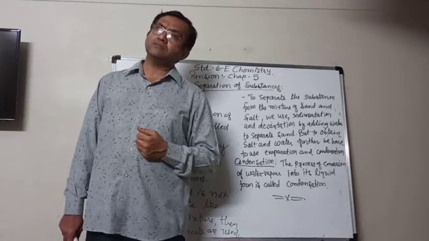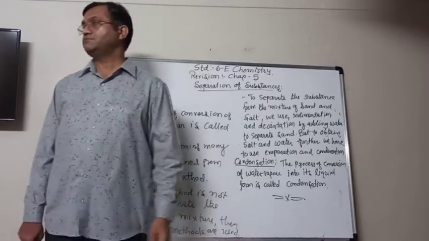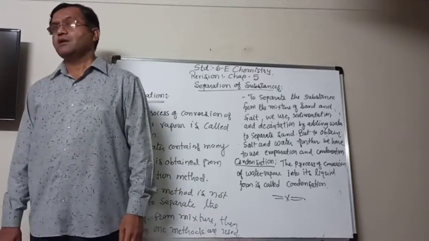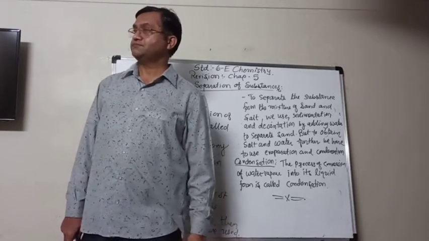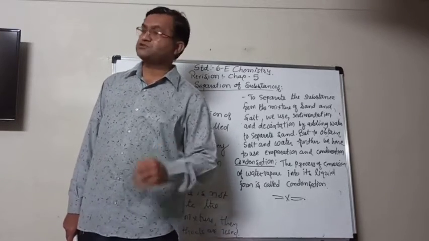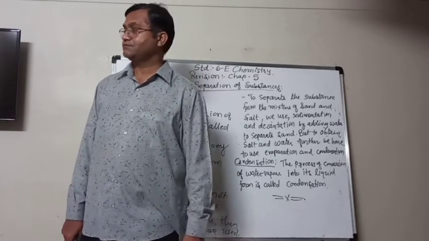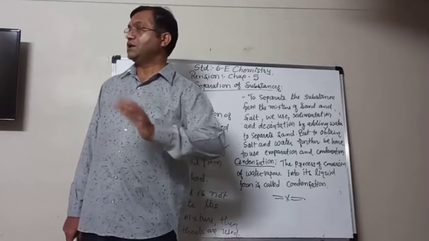Now, another method is the evaporation. What is evaporation? When we give heat to water, what happens to water? Water is getting boiled, and then it is turning into the vapor.